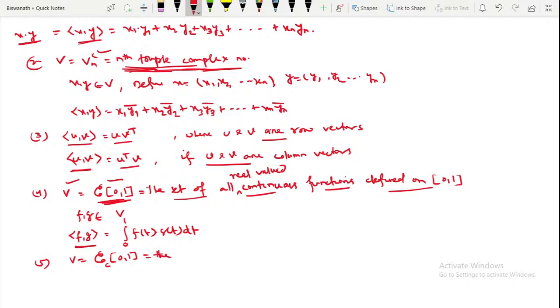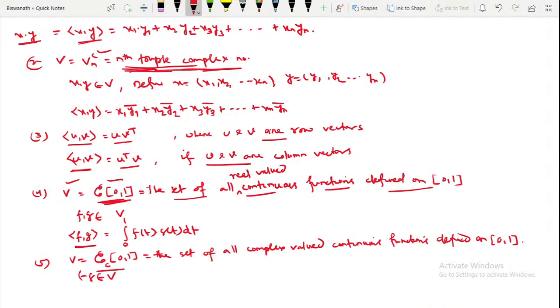That means here the vector space is the set of all complex valued continuous functions defined on closed [0,1], and f, g belong to V, then what will be the inner product of f and g?